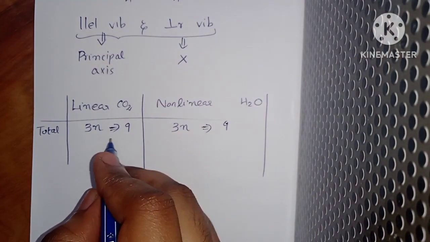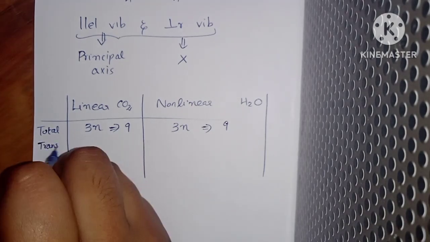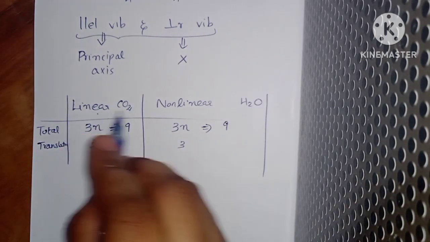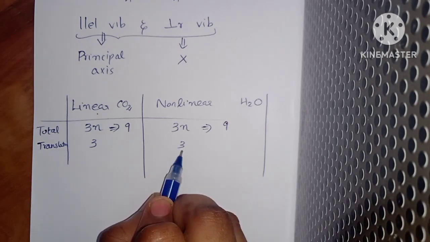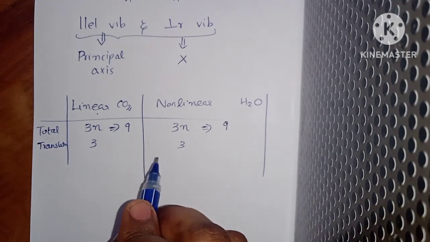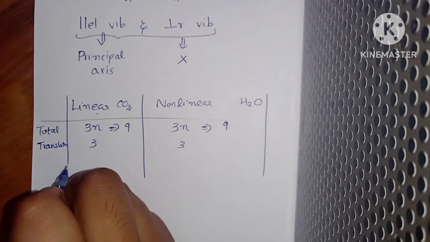In that total degrees of freedom, how many translational degrees of freedom are there? It will be 3. Whether it is linear or non-linear, the translational degrees of freedom is 3 because x, y and z axes are the 3 possible translational motions.